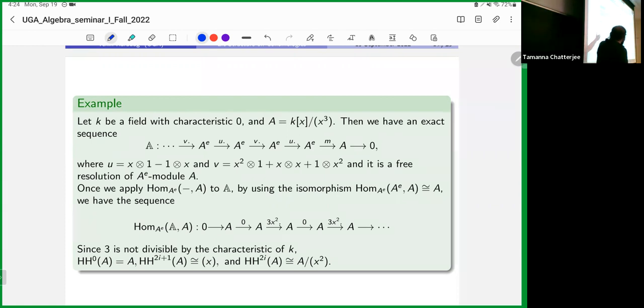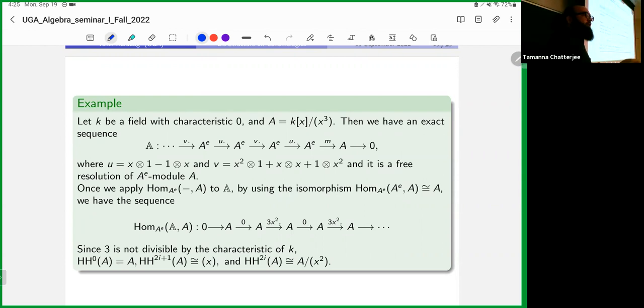So we take this resolution here. Each term in the resolution is a module of the enveloping algebra. And we define maps as u in the positive direction as x tensor 1 minus 1 tensor x, and v in the negative direction as x tensor 1 plus x tensor x plus 1 tensor x.